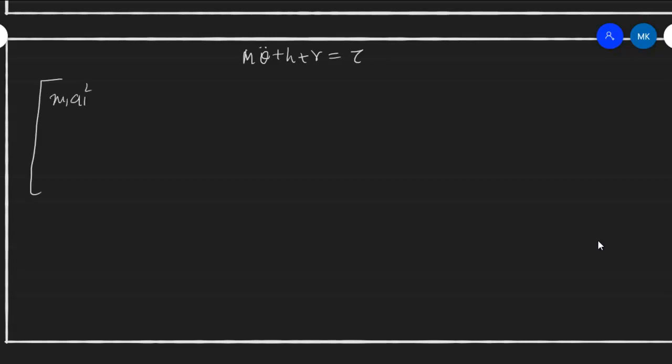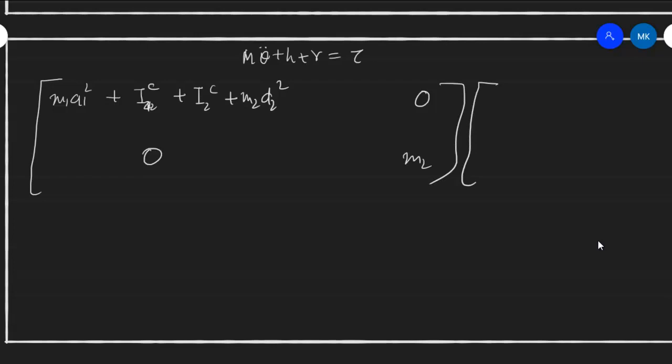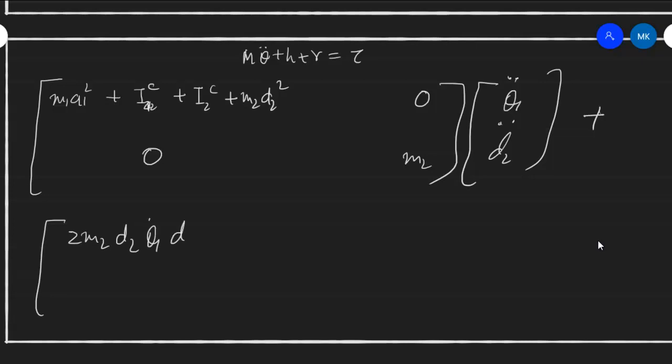So it will be m1 a1 square plus I1 about center of mass plus I2 about center of mass plus m2 d2 square. This will be 0, this will be 0, and this will be simply m2, where there is a joint rate vector or joint double rate vector, so it's theta 1 double dot, and this is d2 double dot, plus we will have the h component, and the Coriolis component will be for the first one, so m2 d2 theta 1 dot d2 dot.